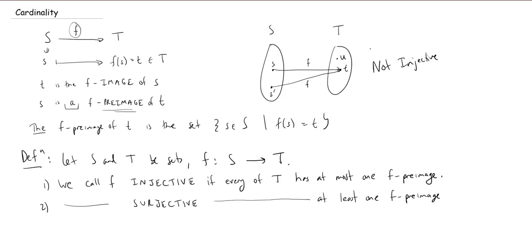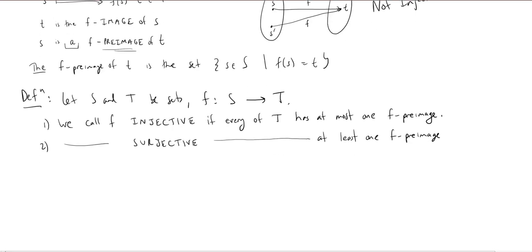So this picture up here, we have no arrow going into u. So it is not surjective. Okay, so for injective, we can only have at most one arrow going into each point in the codomain. And for surjective, we have to have at least one preimage. All right, we have to have at least one arrow going into each element in the codomain.